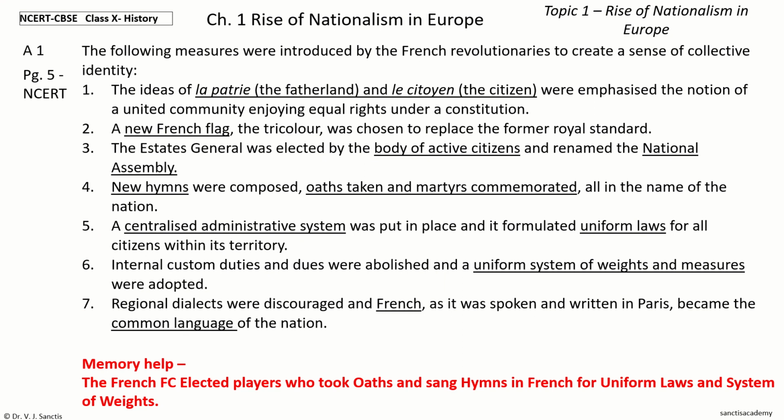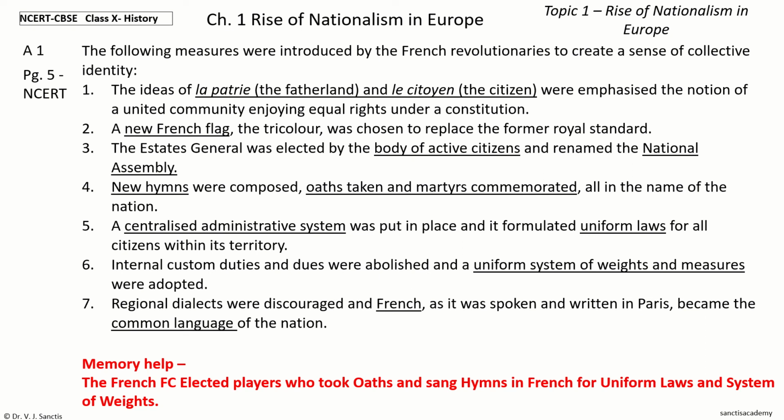The French football club elected players who took oaths and sang hymns in French for uniform laws and system of weights. Imagine players who are elected and they're singing under a French flag hymns for uniform laws and system of weights for the game.